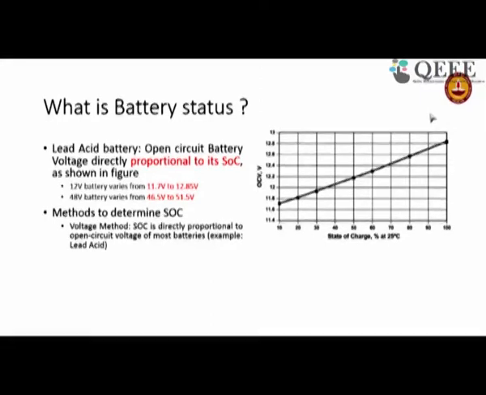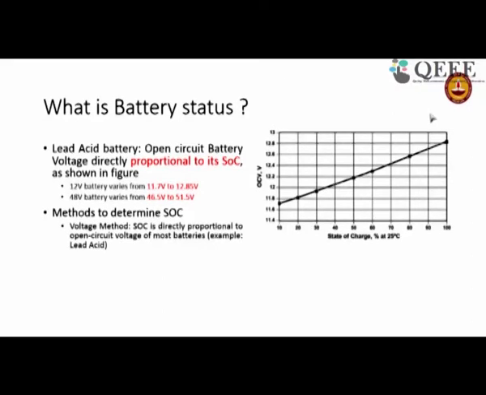In a lead acid battery, open circuit voltage is directly proportional to state of charge. So if you take the battery, suppose it is disconnected and not feeding, keep it for some time. Somebody will say keep it for 6 hours, but you don't need to. Even 15 minutes, it will stabilize, and then you measure the open circuit voltage and the state of charge.